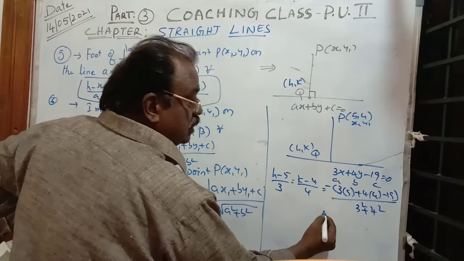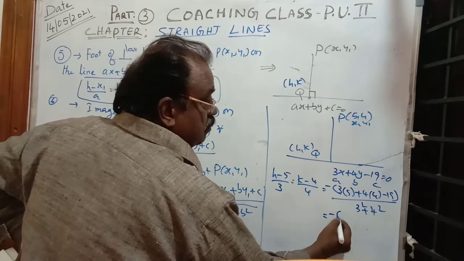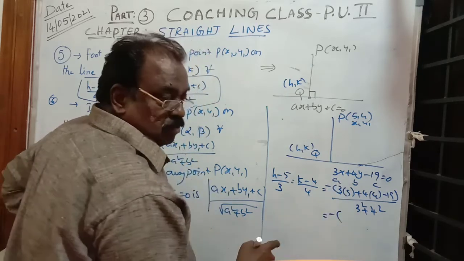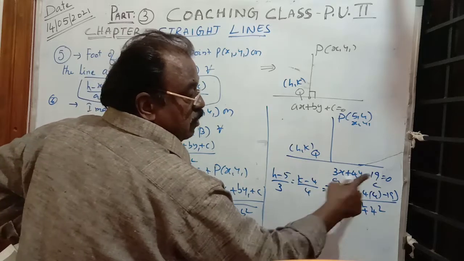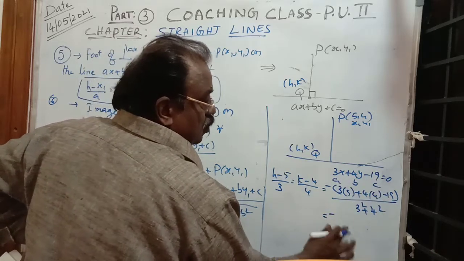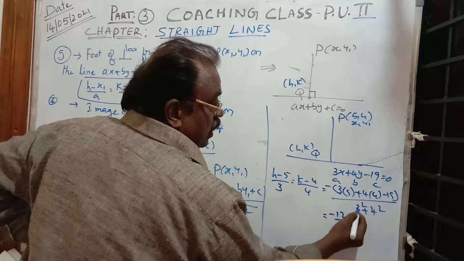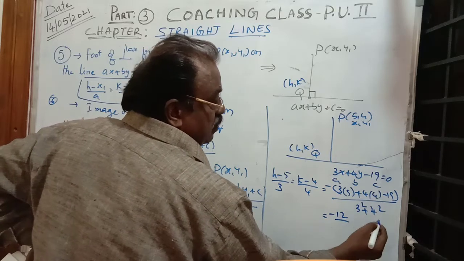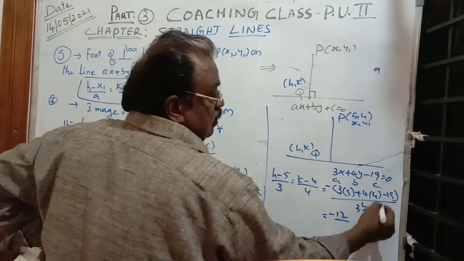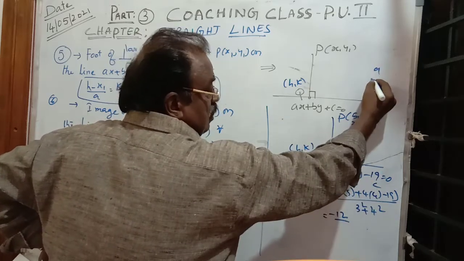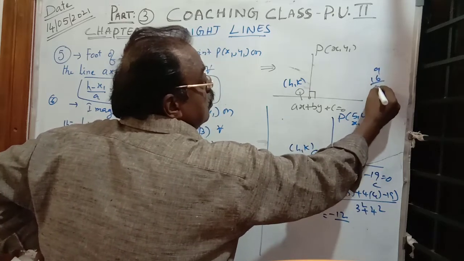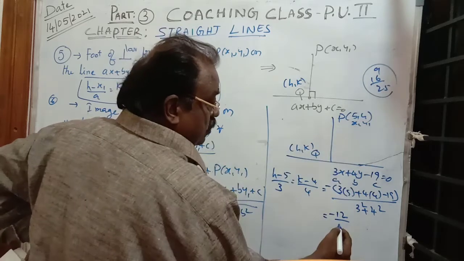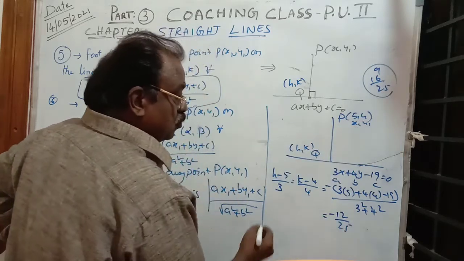So it is minus of 15 plus 16, 31 minus 19 is 12, by 3 square is 9, 9 plus 16 is 25.